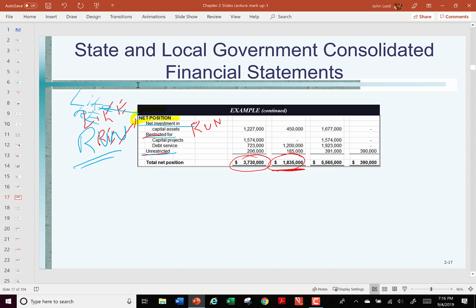So that category of net position called net invested in capital assets is the difference between any assets and any related outstanding debt. Three categories: restricted, unrestricted, and what? Net invested in capital assets, and that is remembered by the mnemonic RUN.